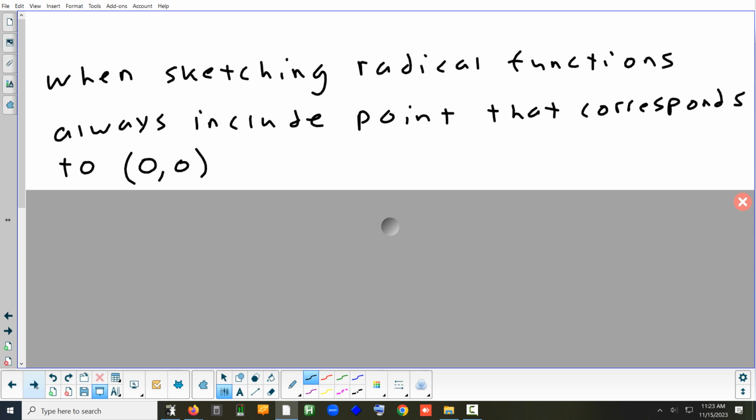So where is this point going to move? That's what we need to figure out. How does it move? Well, this point has 2 parts to it. It has an x value and it has a y value. And we need to find each one separately.